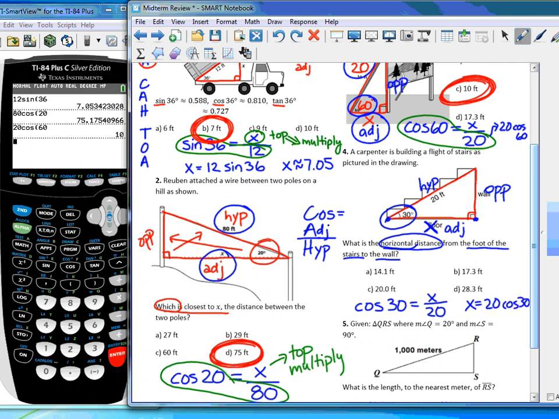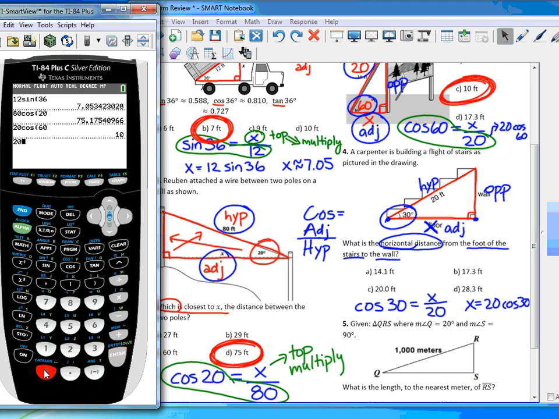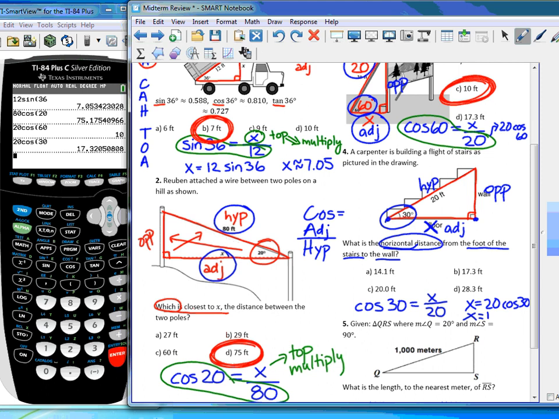So let's come over here. We do 20 cosine 30, enter, and we get 17.32. Which one is closest? B. See, I've been circling my answers in red, so let me go back and do that because I like to be consistent.